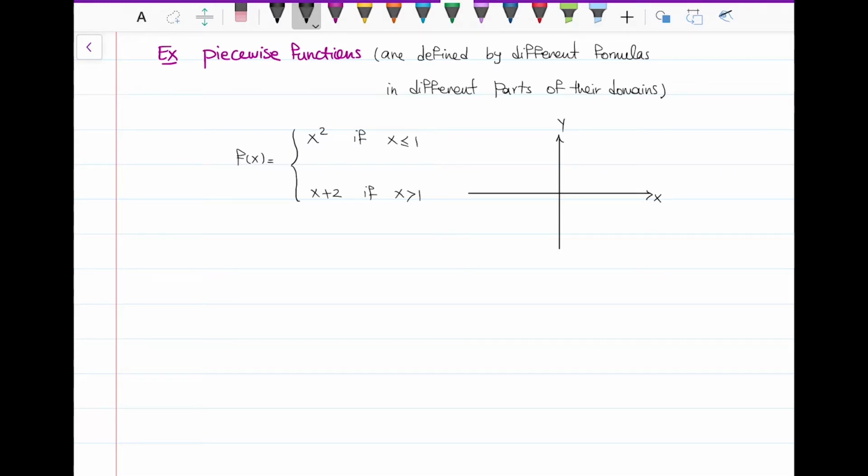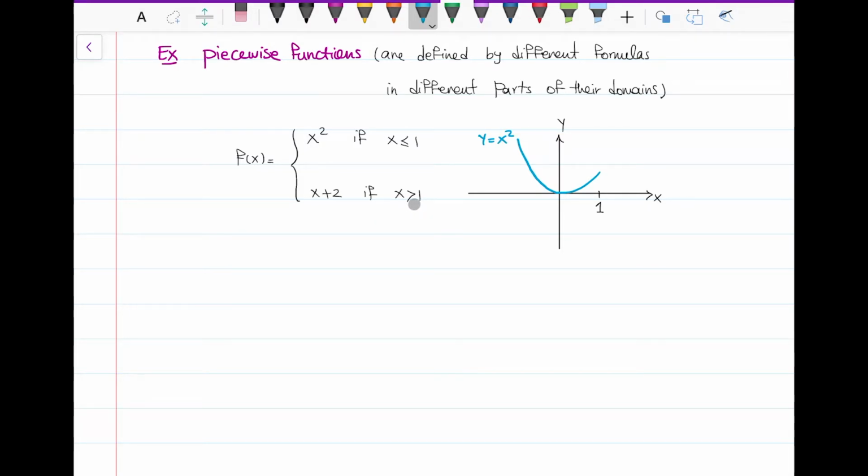X-axis, y-axis, always label your axis. It would be very helpful. Goes up to 1. So it follows x squared. Okay. So this is the graph, y equals x squared.